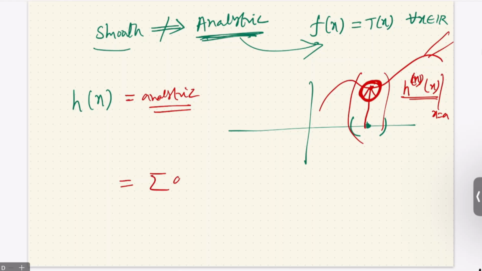The coefficients I am targeting here are sufficient: the sum of h^(i)(a) by i factorial times (x minus a) to the power i. So if I know the local derivatives, then that's done; my h of x is ready. That is why analytic functions are very few.